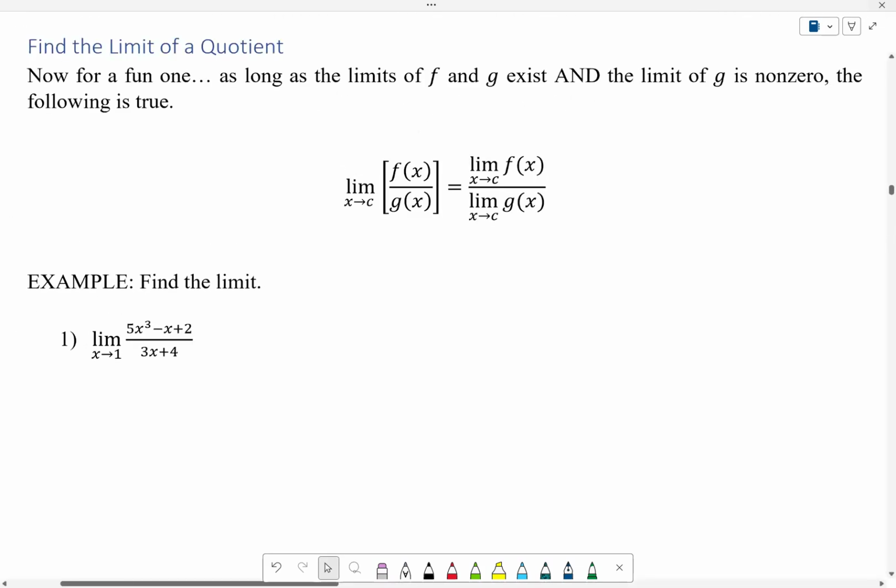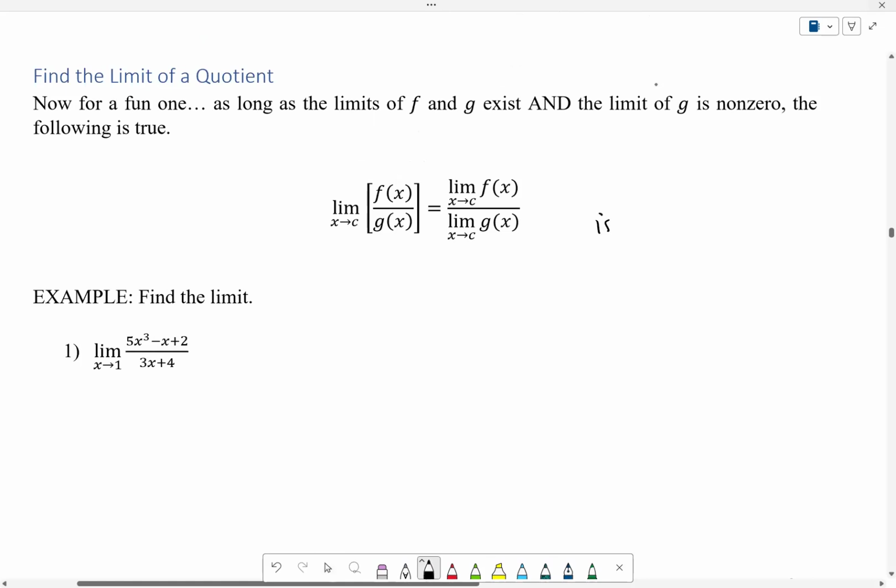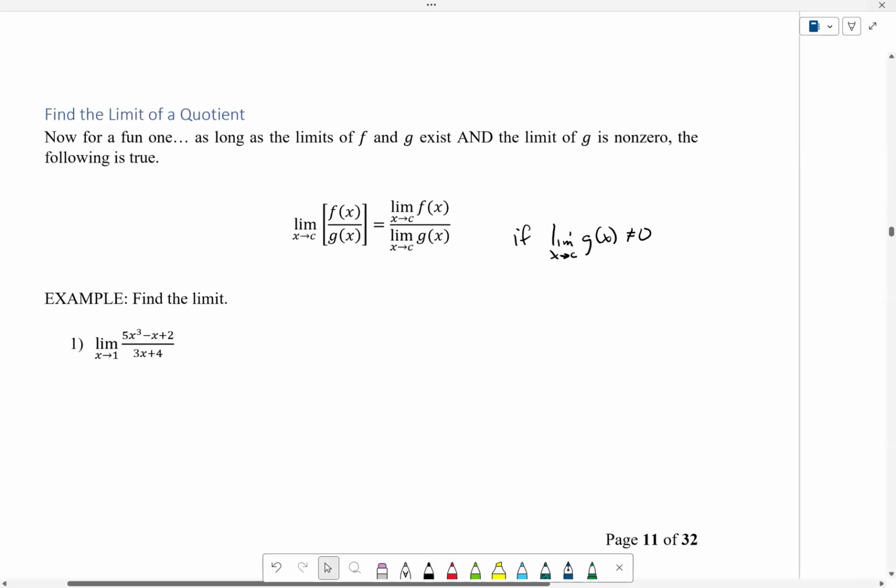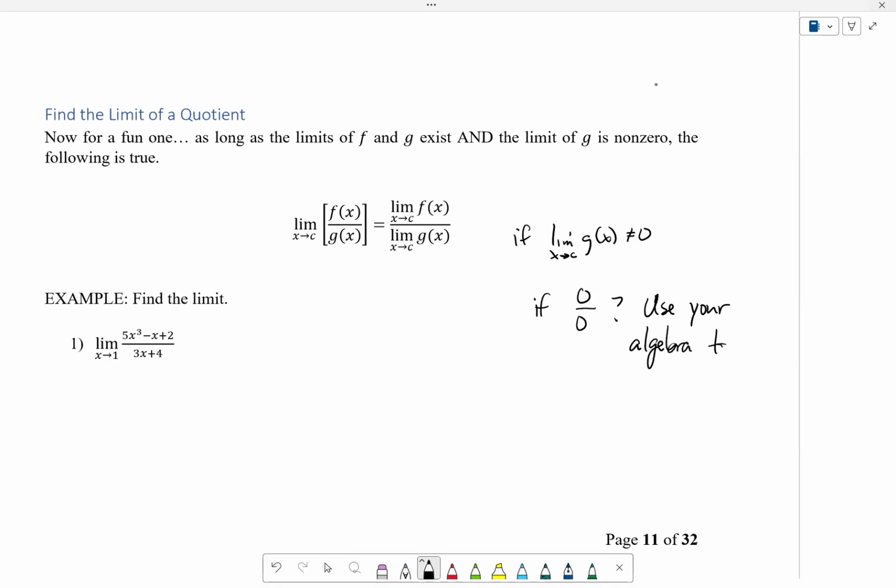So this is only true if the limit as x approaches c of g of x is not equal to 0. If it's equal to 0, yeah, some more work to do. And if it's 0 over 0, use your algebra to get out.